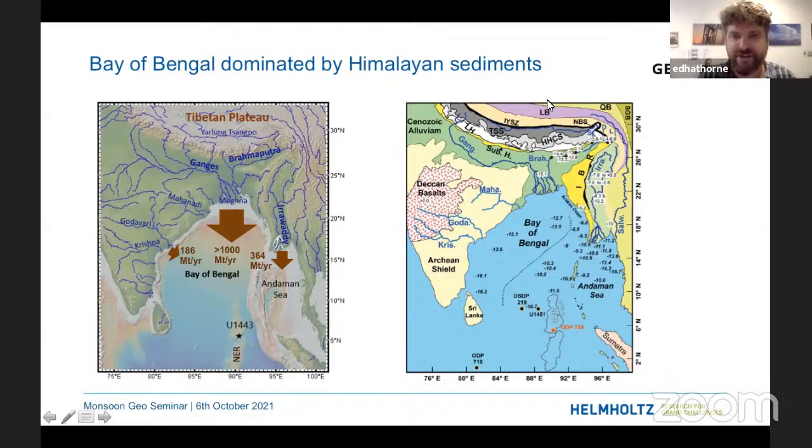The rock types around the Bay of Bengal are quite distinctive. You can see these little numbers, maybe these are neodymium isotope values. And I don't expect you to read all these, but basically what I want to show here is that the different rocks have distinctive values, and this is transported to the bay, and we have a sort of east-west divide here in the bay with surface sediment values. So here, more in the west, you have much more unradiogenic neodymium values, more reflecting the high Himalaya, and also the very unradiogenic rocks from the Indian subcontinent.